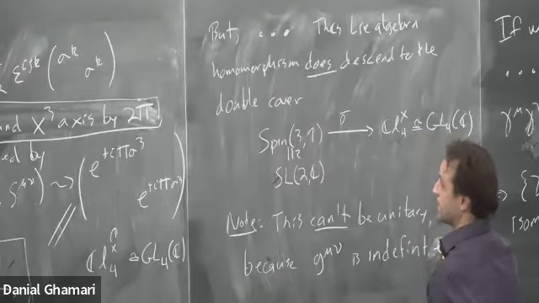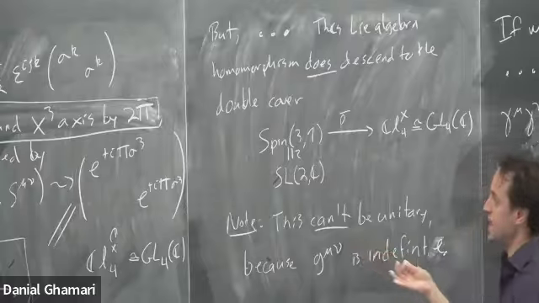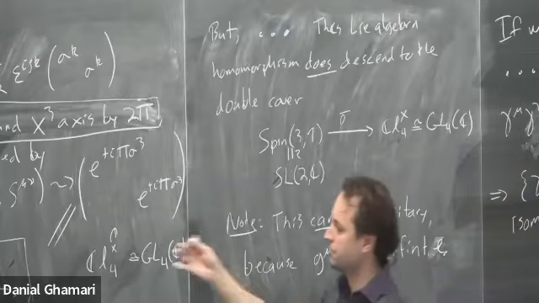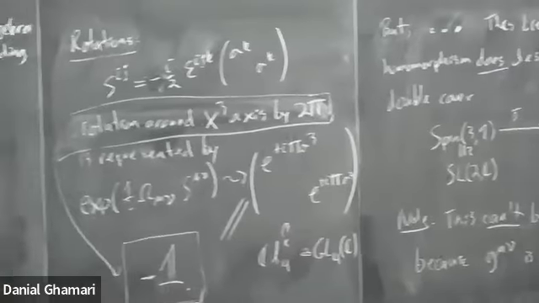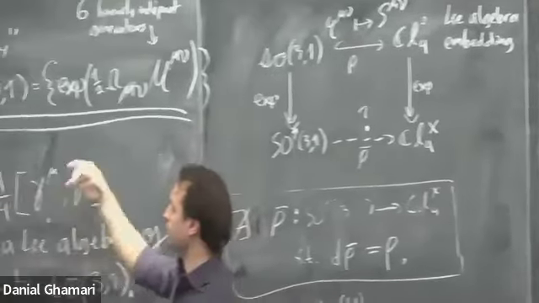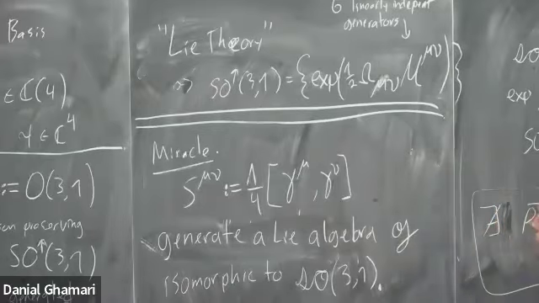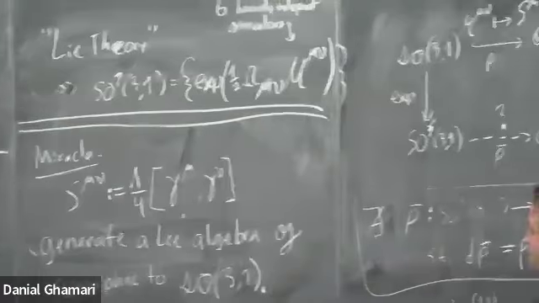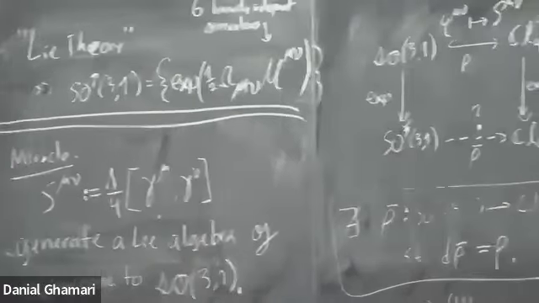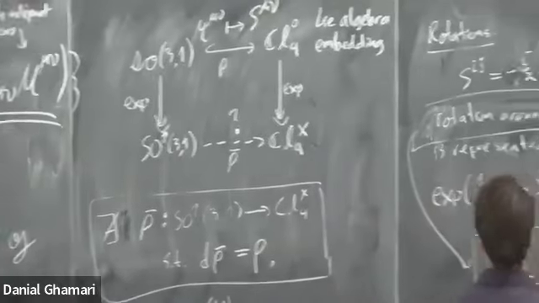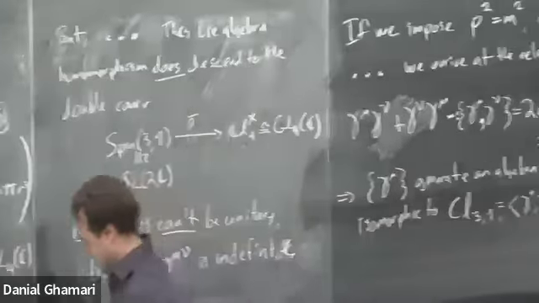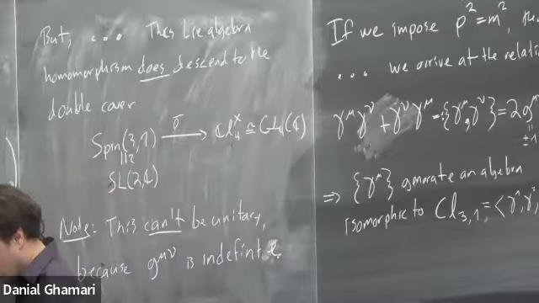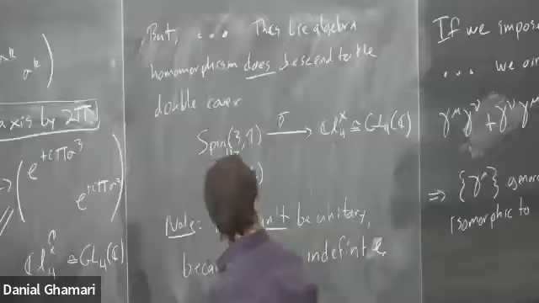If you want all of these S's to be anti-Hermitian, then since each is defined as a commutator of these gammas, you have to be able to choose the gammas so that they're either all Hermitian or all anti-Hermitian. Because of the indefiniteness of our quadratic form, you can't make that consistent choice. So this representation actually can't be a unitary representation. That's a little bit of flavor.